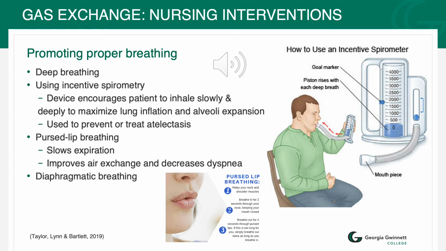There's a little piston that in the diagram here is blue, and it rises with each deep breath that a patient takes. So you're going to set a goal and have them try to, as they're sucking in, make that piston go up. You want them to hold on to that breath and hold that piston up to whatever that goal is.